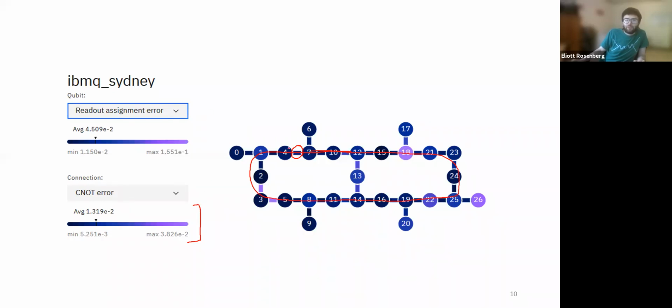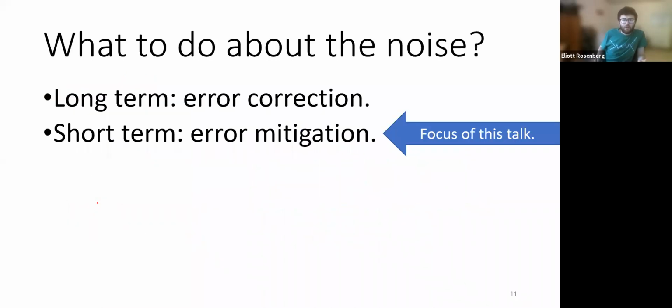And also, whenever you read out your measurement at the end, that also has some noise, and you get the wrong answer something like a few % of the time. And that also varies depending on which qubit you're talking about. So this is why it's so noisy, and these errors, especially the 2 qubit gates, they compound when you make your circuit deeper.